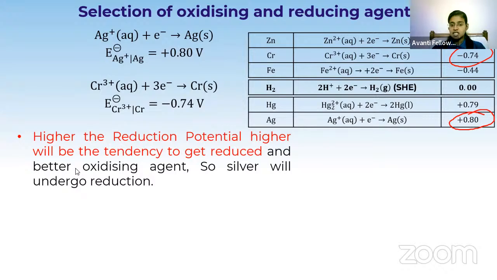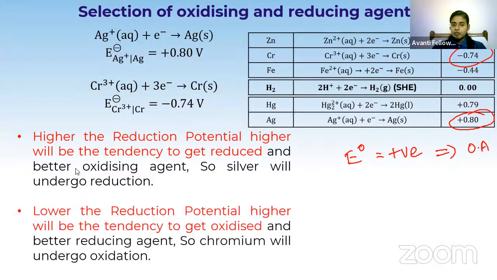If the E naught value is higher, meaning positive, then it is a strong oxidizing agent. In the same way, lower the reduction potential, lower means negative, if the E naught value is negative, then it is a strong reducing agent. It is a better reducing agent. So chromium will undergo oxidation.